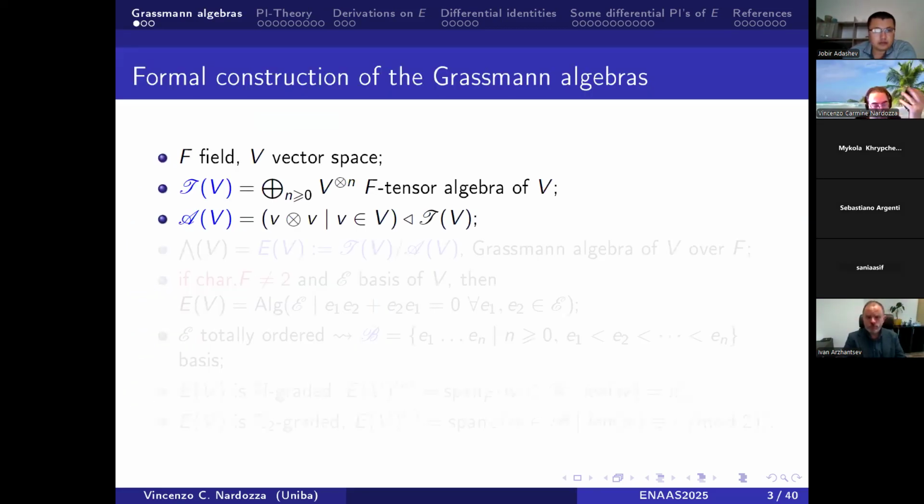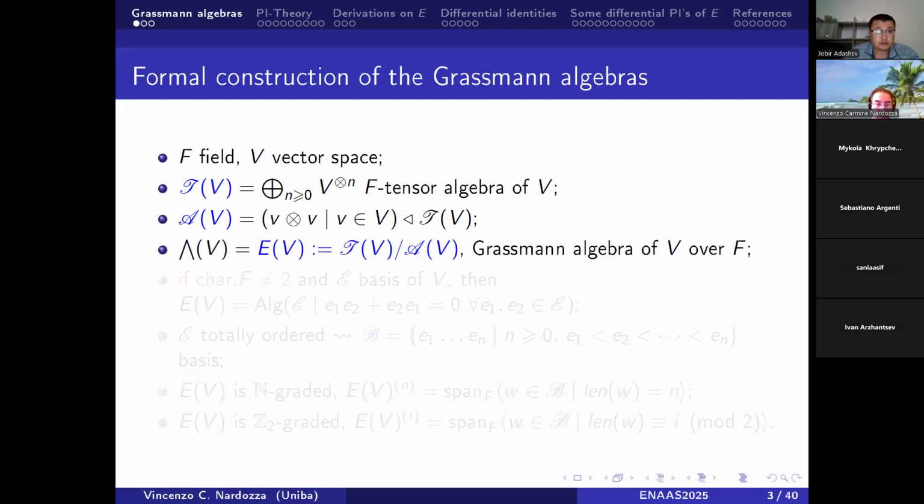And I begin with the formal construction. I recall the formal construction of Grassmann algebras. We start with a field, any field, and a vector space over that field. And we simply consider the tensor algebra of the vector space and the ideal generated by these simple tensors.